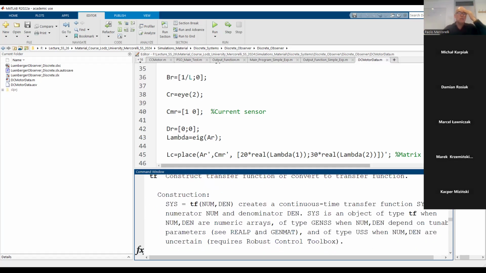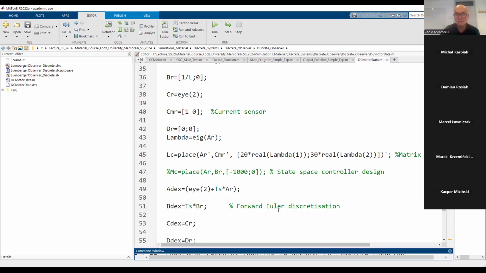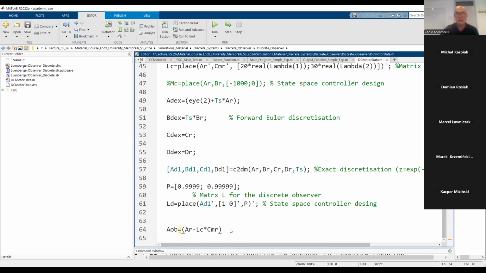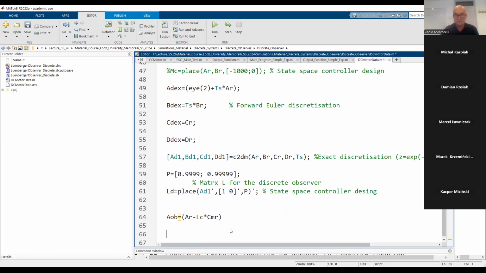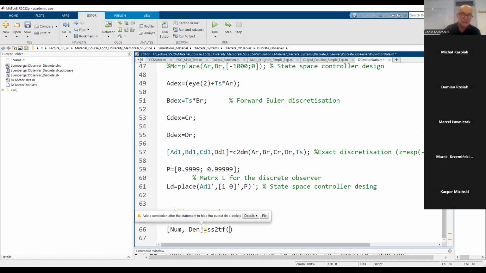I have to use numerator, denominator. Let me see. This means num, then of what? SS2TF. I am trying to calculate the transfer function of the observer.